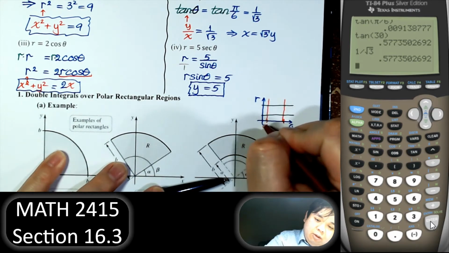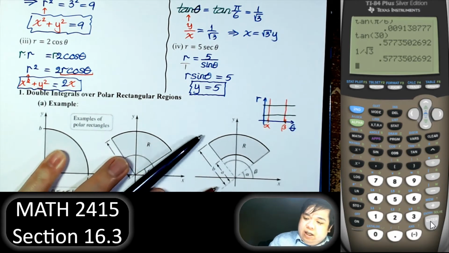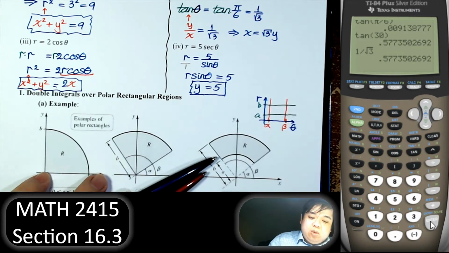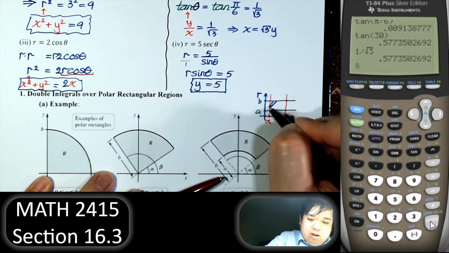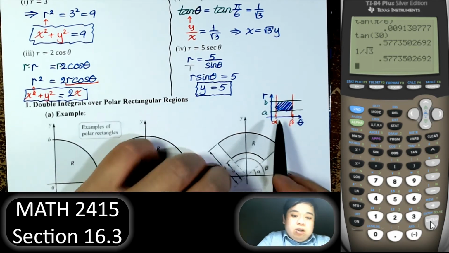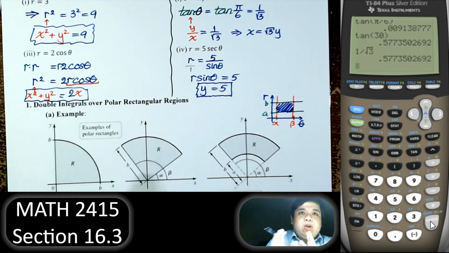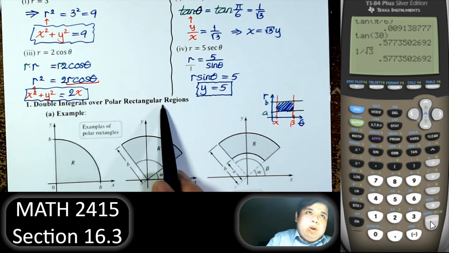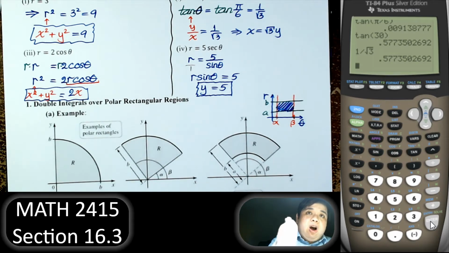Let's say theta is from alpha to beta, and r is bounded from a to b. In that case, we have the rectangular region. But this is rectangular in r and theta, not in x and y. So that's why it says polar rectangular regions. Bottom line is we have constant limits for r and constant limits for theta. Okay.